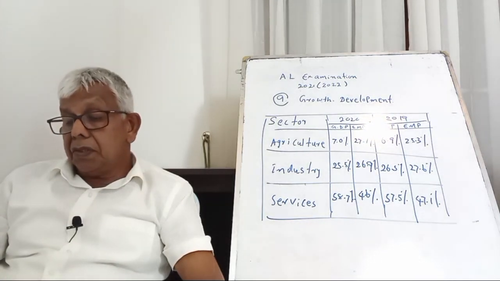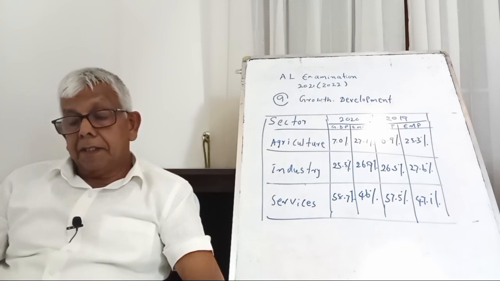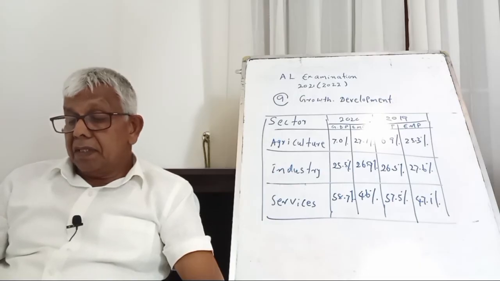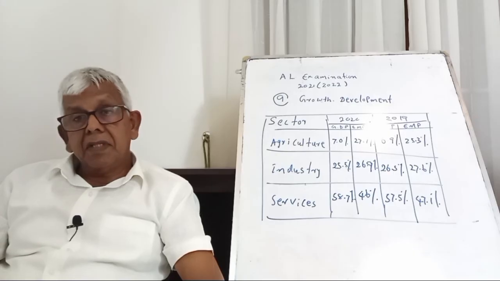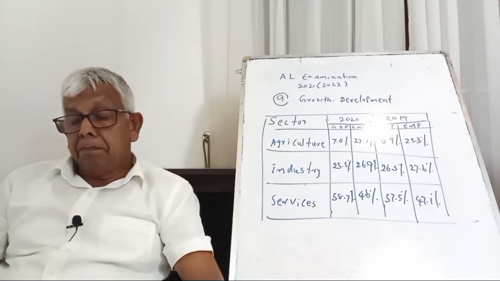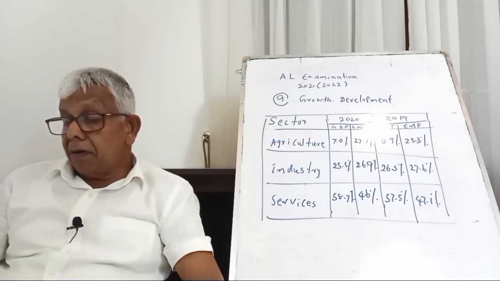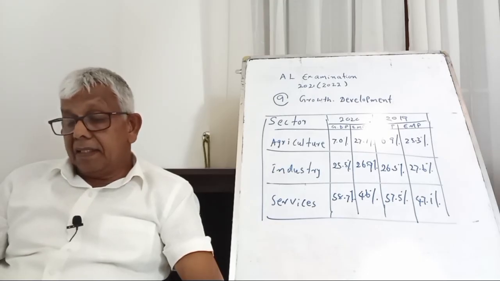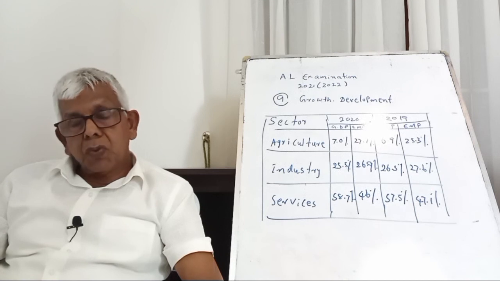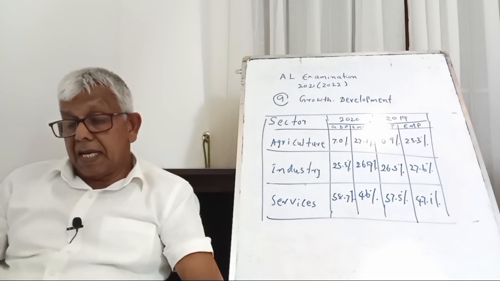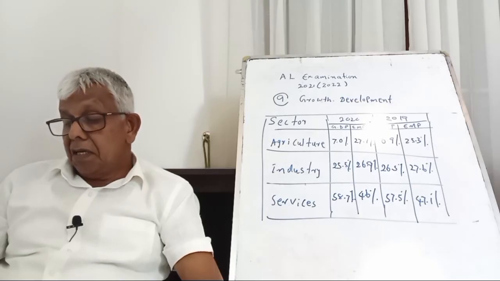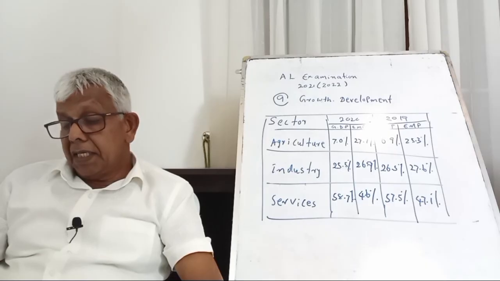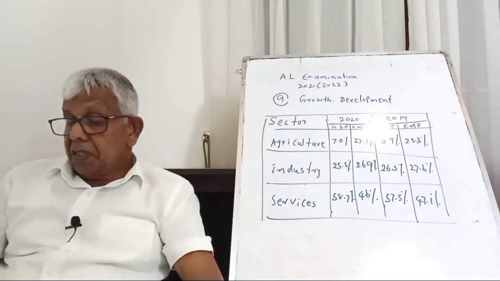The HDI uses three broad areas of development: economic, a decent standard of living, measured as gross national income per capita at purchasing power parity; social, long and healthy life, measured using life expectancy at birth; social, knowledge, measured as a combination of mean years of schooling and expected years of schooling.